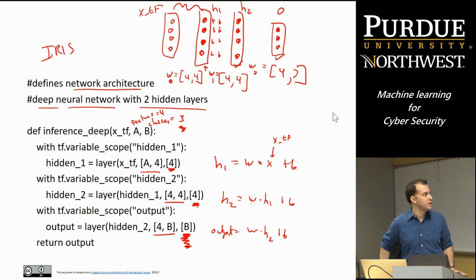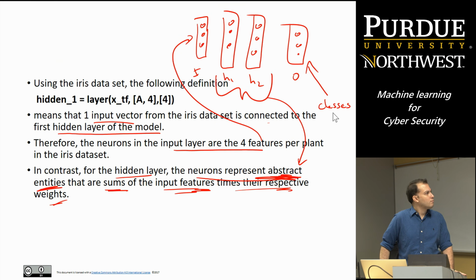All right, so this is an example of 2 hidden layers. So here, using the iris data set, the following definition means that one input vector from the iris data set is connected to the first hidden layer of the model. Therefore, the neurons in the input layer are 4 features per plant in the iris data set.